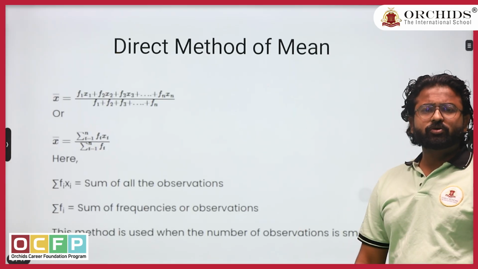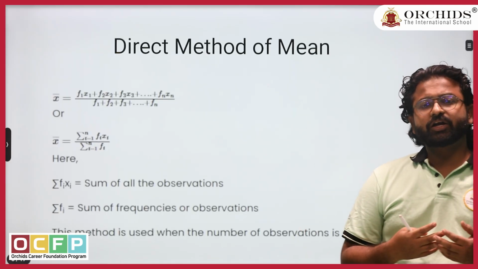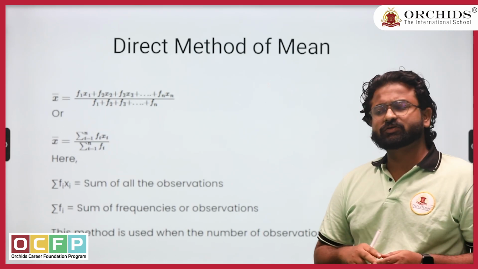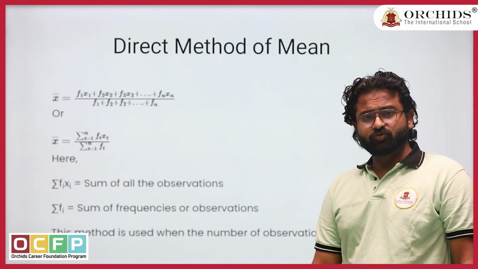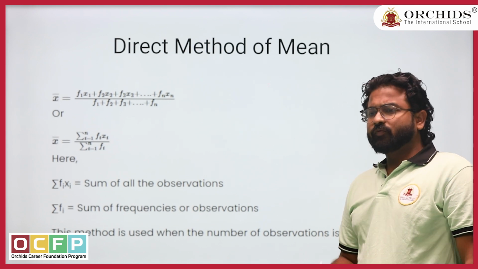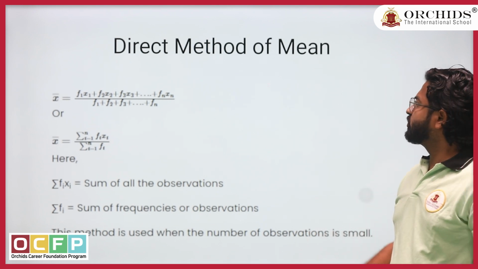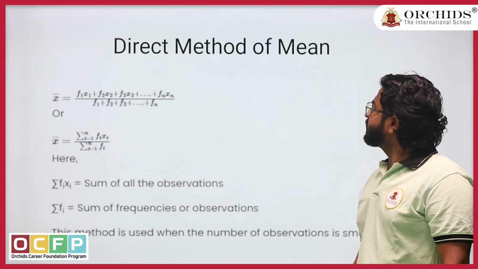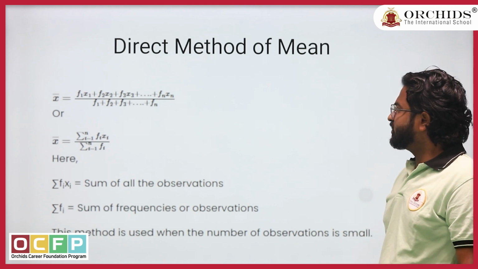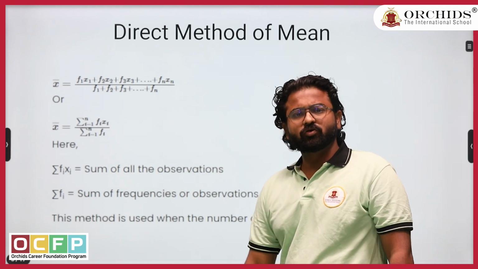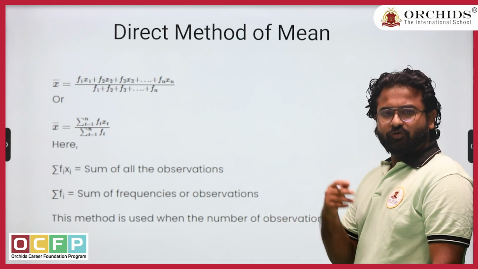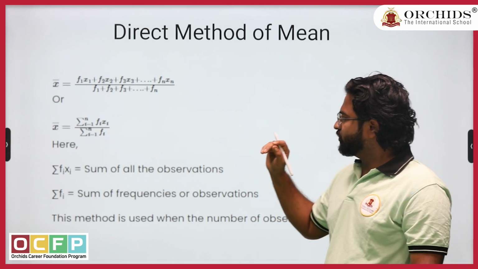When we are talking about the mean, in grade 10th we have two methods. First one is the direct mean method and second one is the assumed mean method. First we are going to talk about the direct method of mean. In this we have the mean formula. You already know this, but for your recap we will do it once.